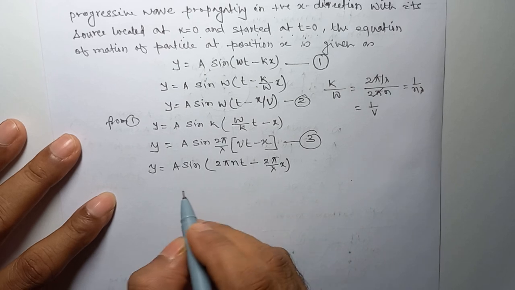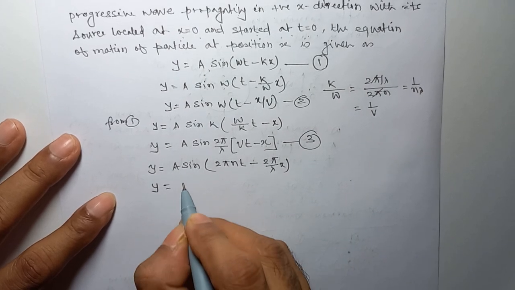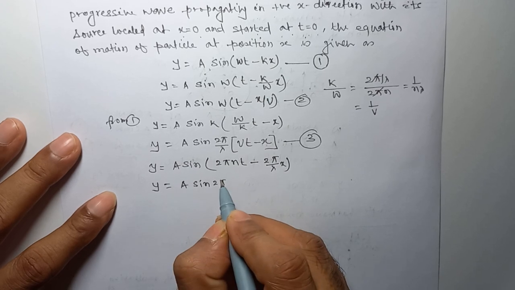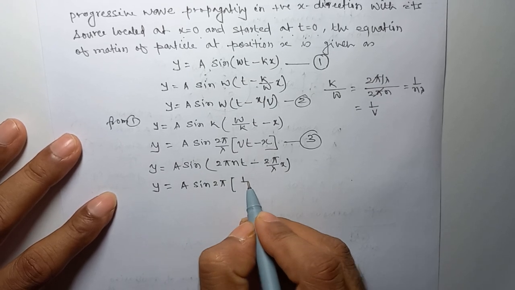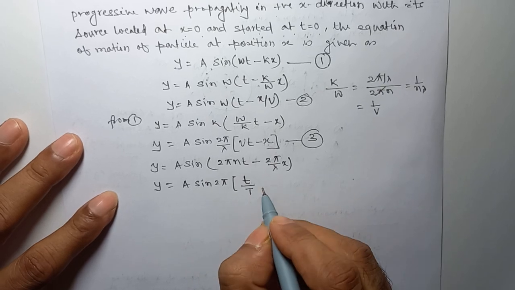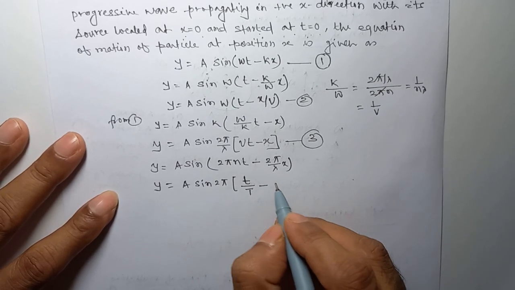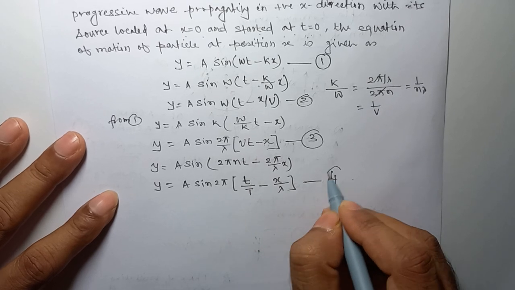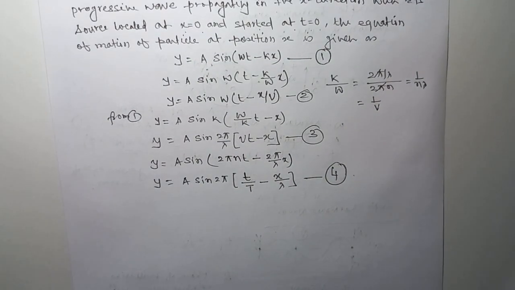So we take 2 pi common, we get y is equal to A sine 2 pi, and we can write n as 1 by T, so we get t by time period capital T minus x by lambda. This is the fourth form of the progressive wave.